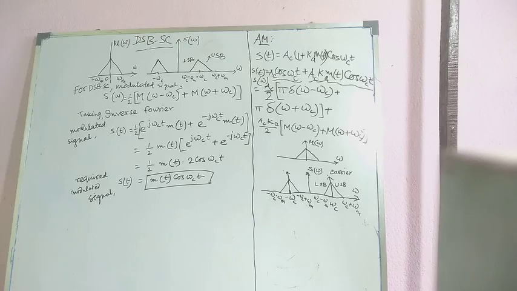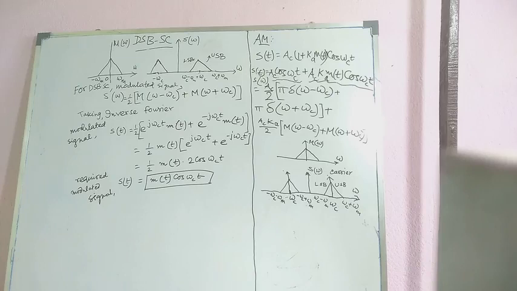And from the waveform of the amplitude modulated signal, we considered the waveform of the DSB-SC signal, and using the shifting property of the Fourier transform, we got the inverse Fourier transform, or the modulated signal in the time domain, as s(t) equals m(t) cos omega c t.